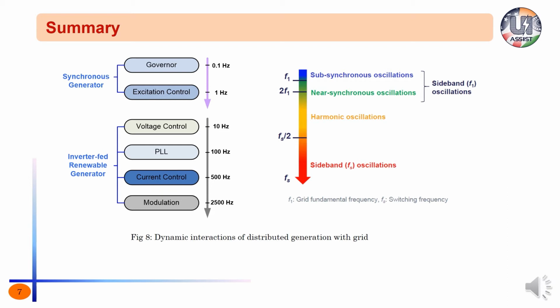With this understanding, harmonic stability classification is shown in the second figure, which is purely based on the frequency of unstable oscillations resulting from impedance interaction. The first classification is the subsynchronous oscillation due to subsynchronous instability, and the second one is the near synchronous oscillation.